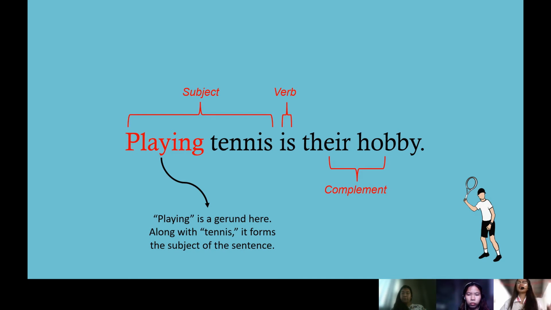We all know na subject is what we are talking about sa isang sentence. If we just say "playing," there's no sense. So "playing tennis" is the correct answer if we were asked what the subject is in this sentence.